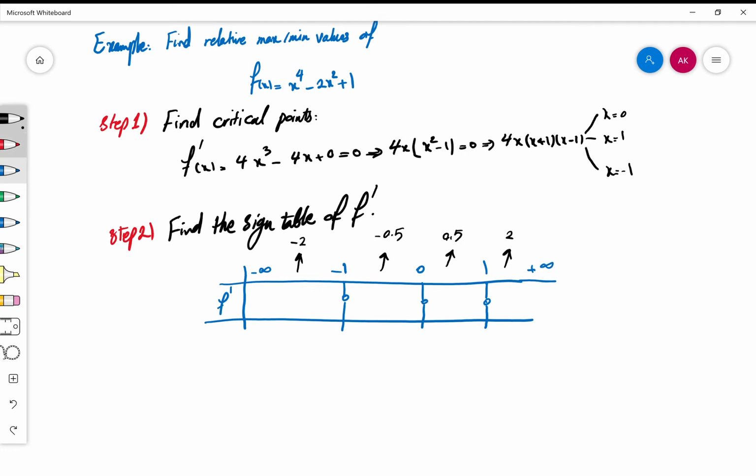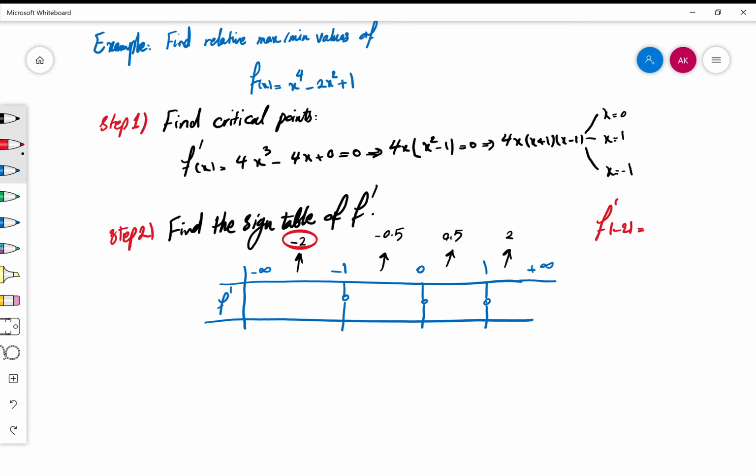So let me start with f prime at, sorry, not at 0. We have to find the value at the test value. So it is at negative 2.